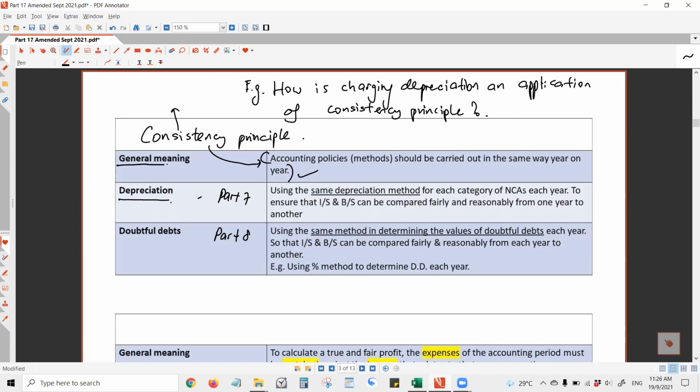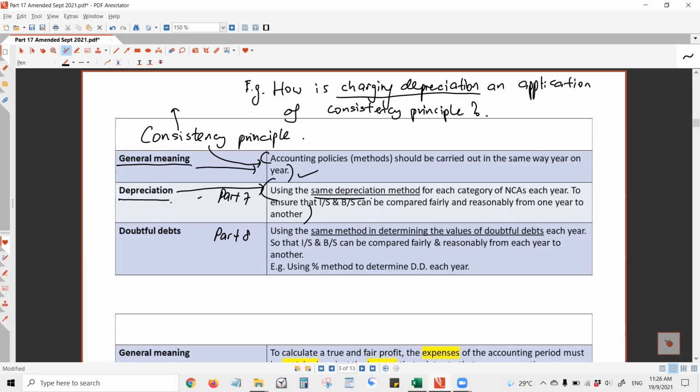If they ask you such a question, it means they are not asking for the general meaning of the consistency principle. If they ask for the general meaning, they simply ask what is meant by consistency principle, and you give them this line. Now I'm guiding you on how to make use of this table. If they ask how charging depreciation is an application of the consistency rule, then your answer would be different. Your answer would be this line.